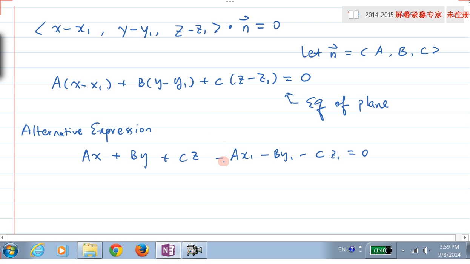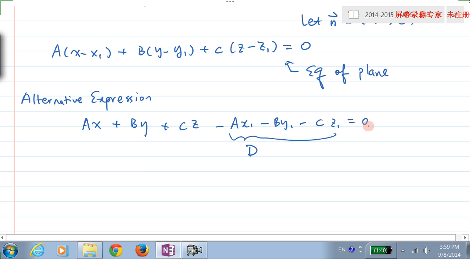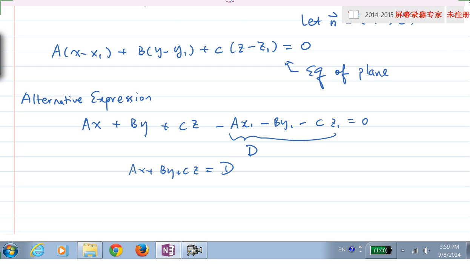So I'm going to call this whole bunch D. Then I move the D to the other side, and I get ax plus by plus cz equals D. So this is the alternative expression. Both of these refer to the same thing: the plane equation, planes in 3D space.